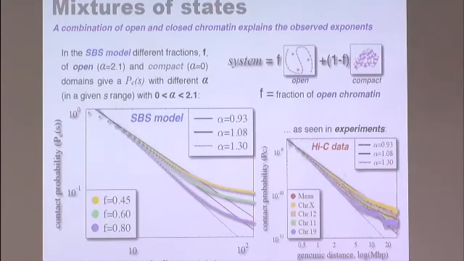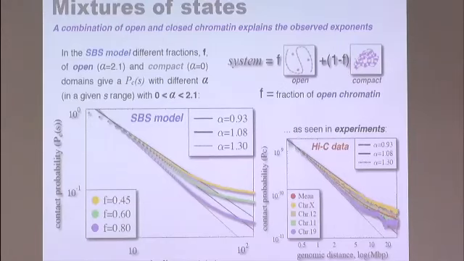And you understand that by changing F, you change the contact probability. If F is 100%, you have only open polymers, and so your exponent is 2.1. If F is 0, you have only compact polymers, and so the exponent is 0. And you see here how the contact probability behaves when you change the fraction of open polymers in the mixture.